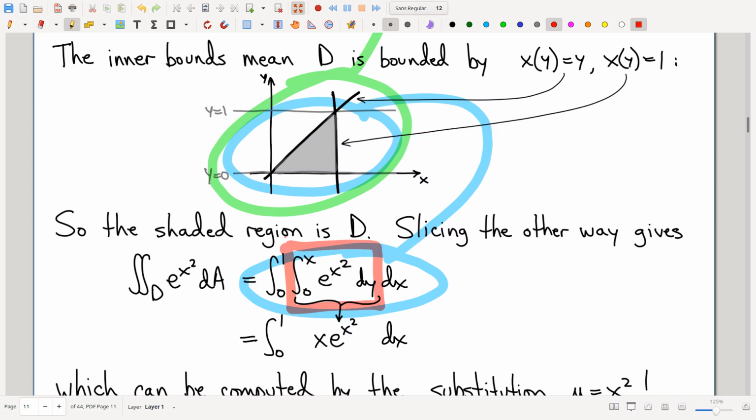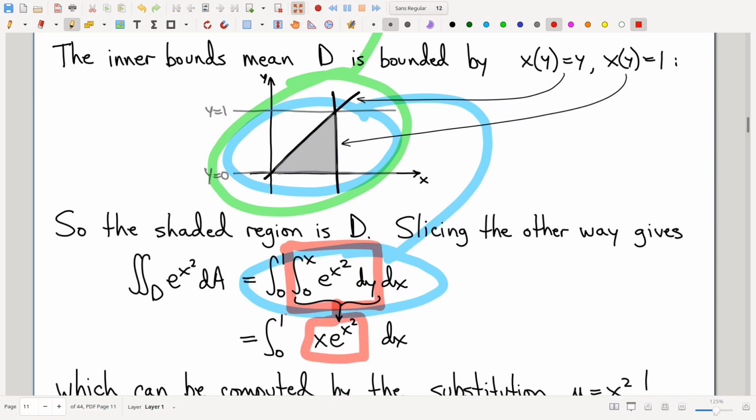That means that x, being the outside variable, is a constant. That means e to the x squared is just a great big scary looking constant. And the integral of a constant is that constant times y. In this case, you plug in the bounds, and this is what your inside integral turns into. It turns into no problem, basically.